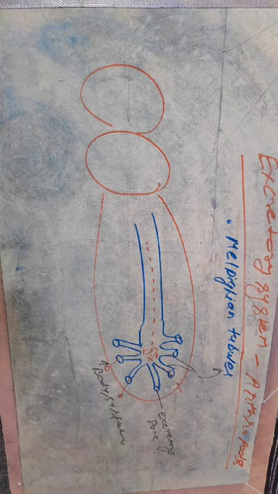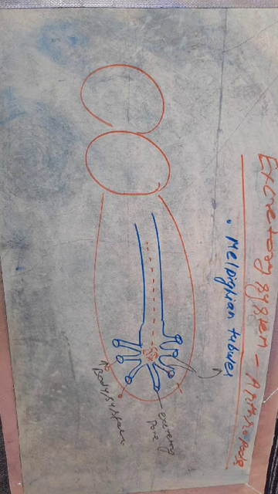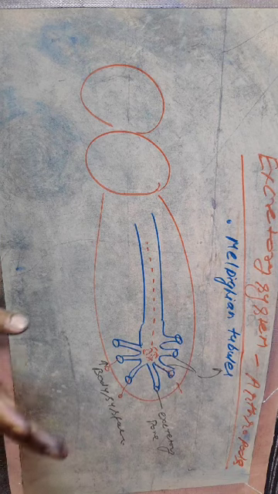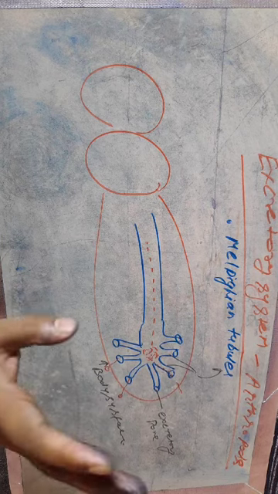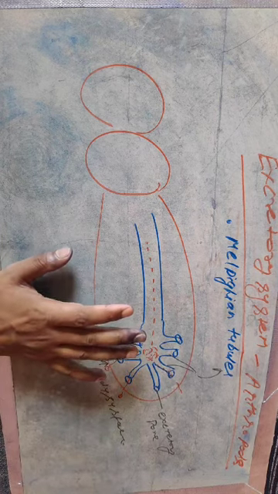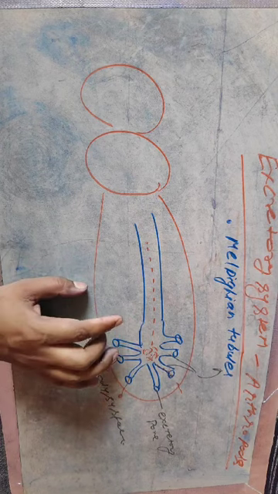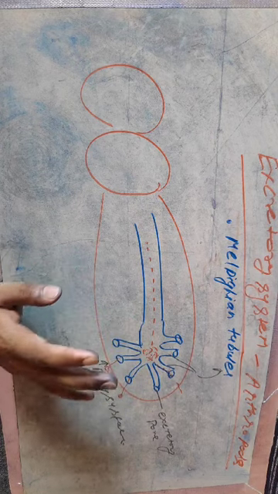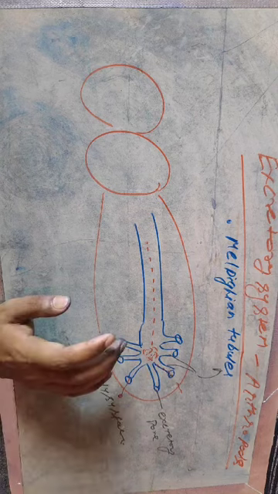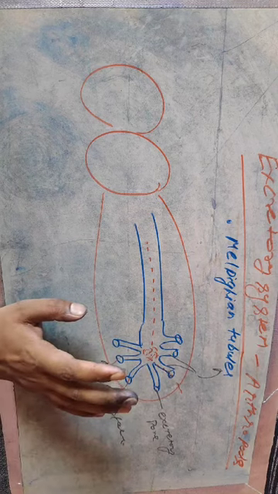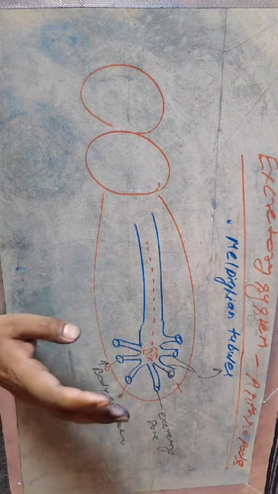In the next video lecture I will describe the sensory organs and reproduction in arthropoda. Keep in mind, in this video I described the circulatory system, respiratory system, and excretory system. In the next video I will describe the nervous system, reproductive system, development, and also examples.